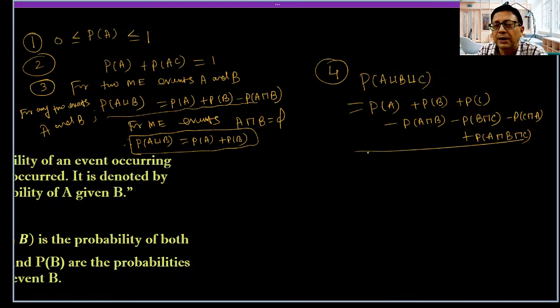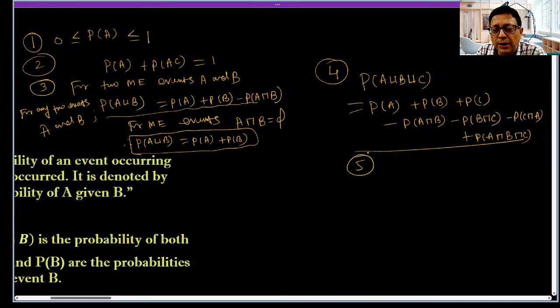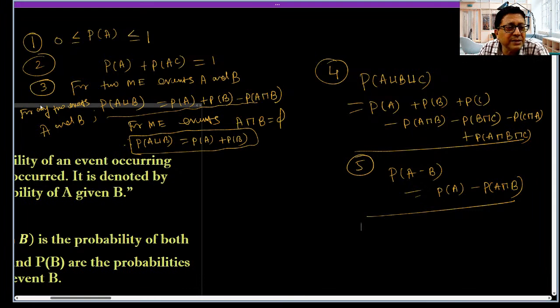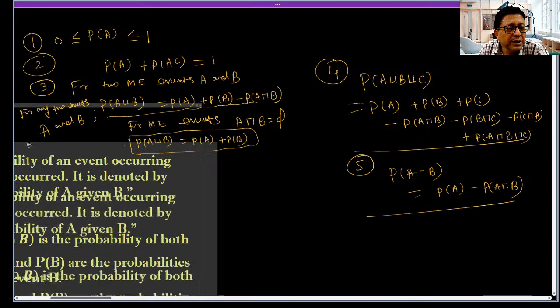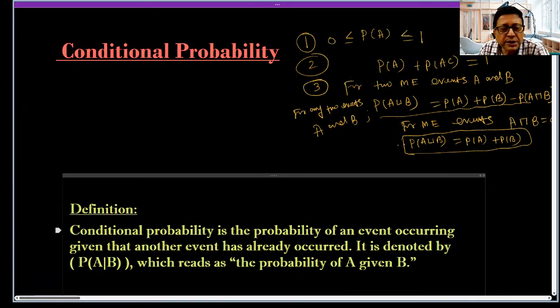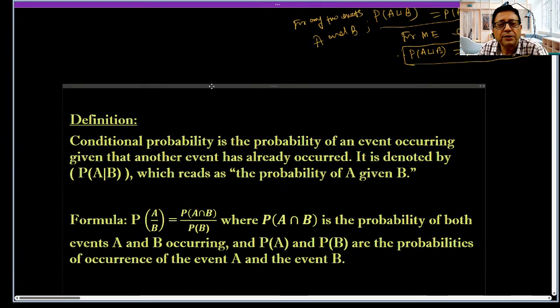All these you did. And one additional formula, that P(A minus B) we can write as P(A) minus P(A intersection B). This you have studied in the class 11 syllabus only. In class 12 we are going to start with the concept of conditional probability. Okay?